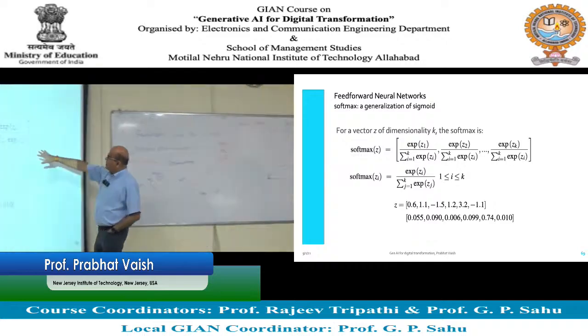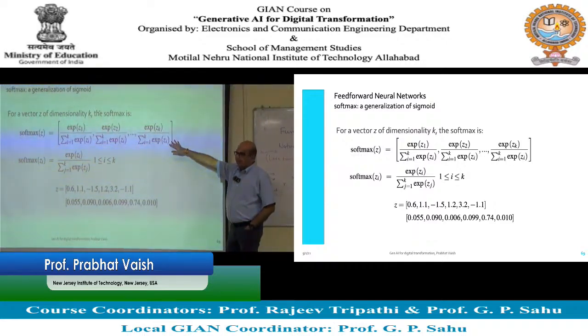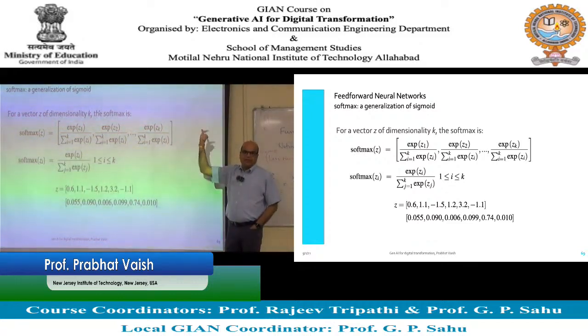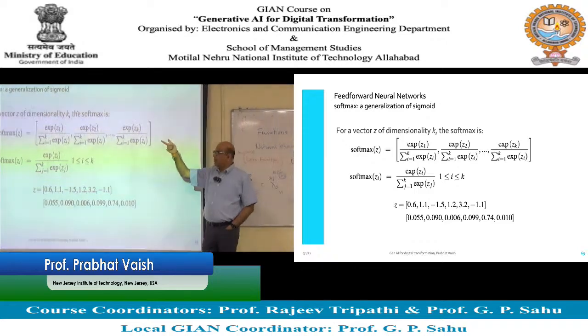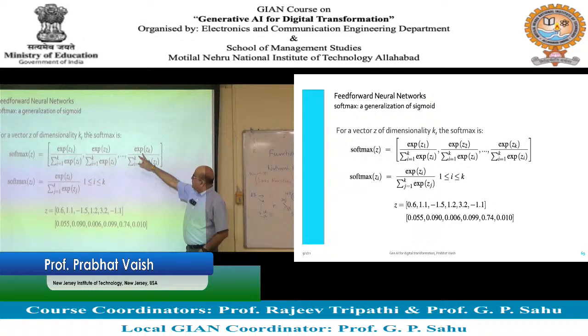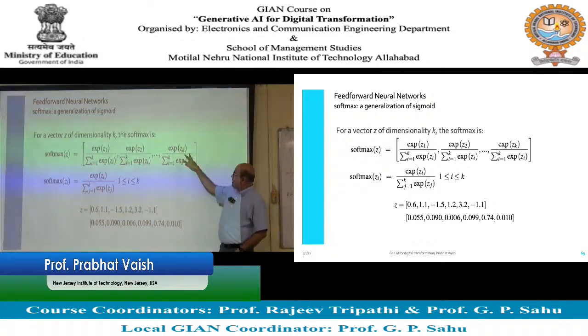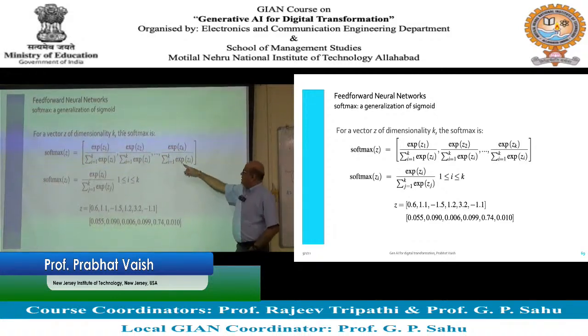This was the calculation earlier, right? We talked about probabilities on day 1: you have the number of observations possible and then the number of times the desired occurrence is happening. So if Zk is the output of the kth neuron, or the kth value 1, 2, 3, you take the exponent of that particular value and divide by the summation of the exponents of all the values, and that gives you the answer.